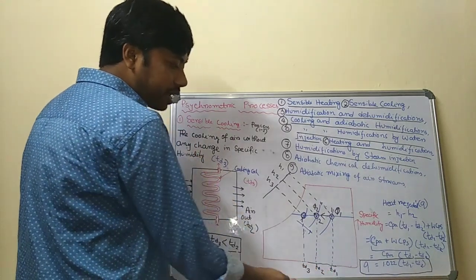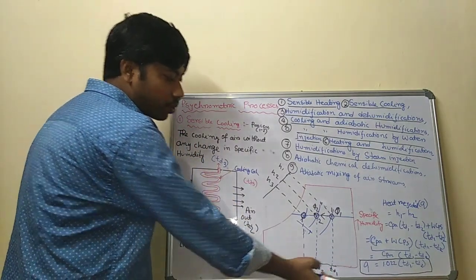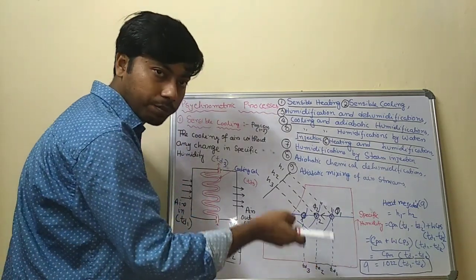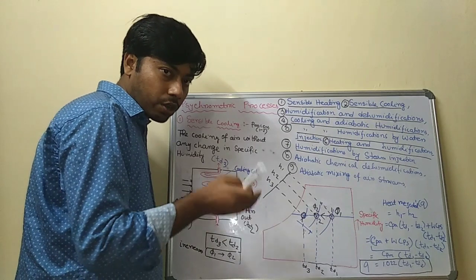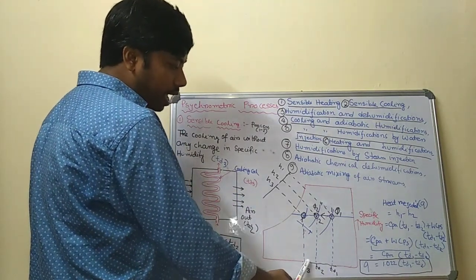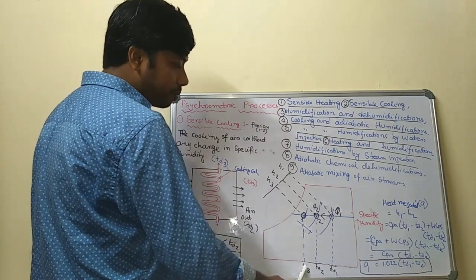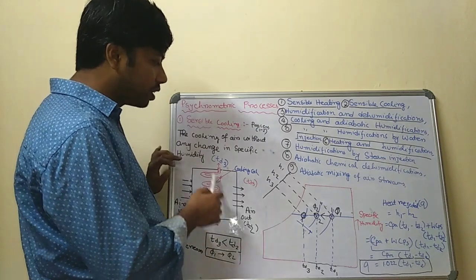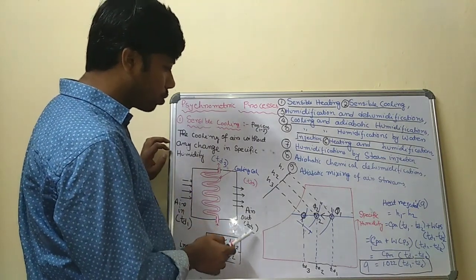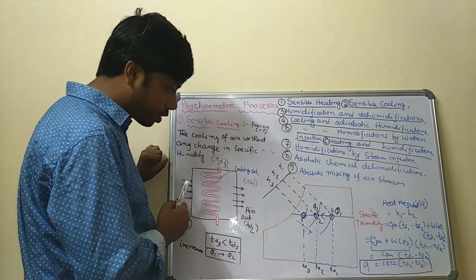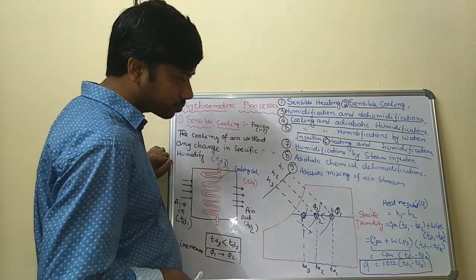This is the TD1 line, the TD2 line, and the TD3 line. From this psychrometric chart, you can understand the dry bulb temperatures: TD1 is very high, TD2 is less than TD1 and lies between TD3 and TD1. TD3 is the cooling coil temperature, TD2 is the air exit temperature, and TD1 is the inlet temperature.